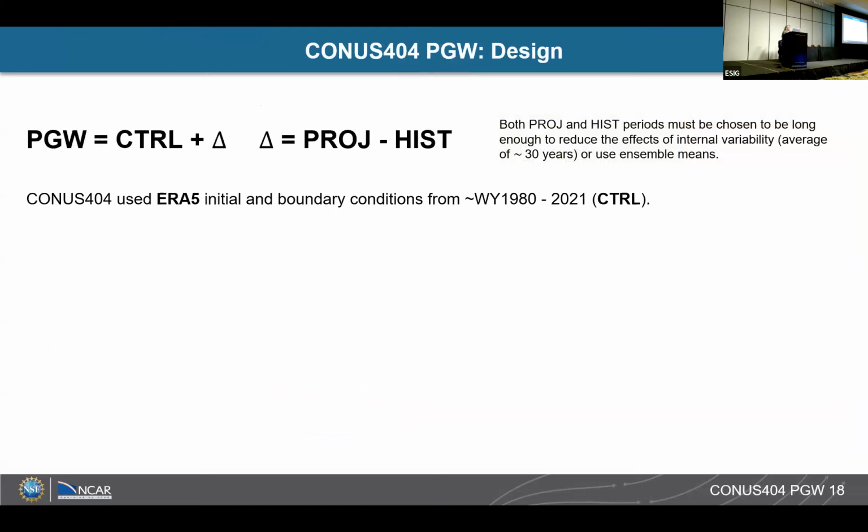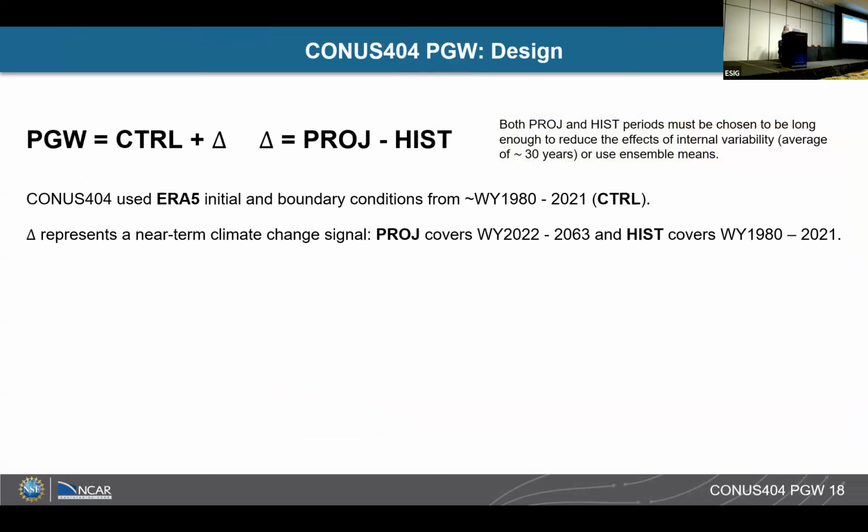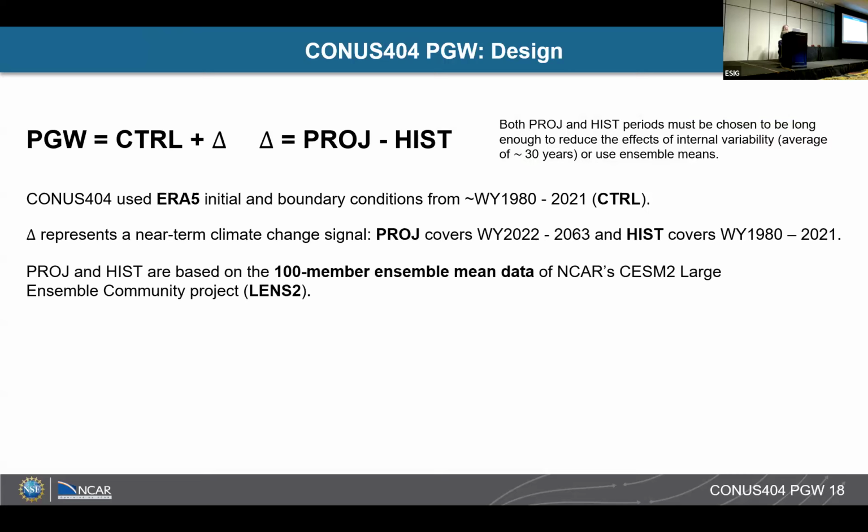We have our equation. So the control is the downscaled version of ERA 5 that we were just talking about. The delta looks at the projected and the historic over water years 2022 to 2063.